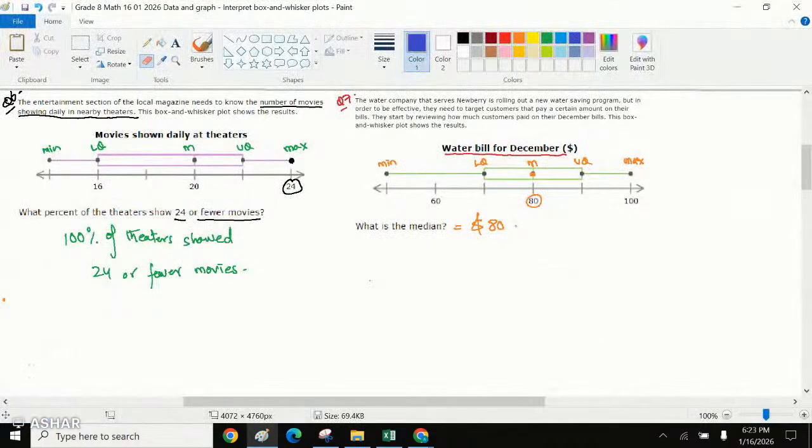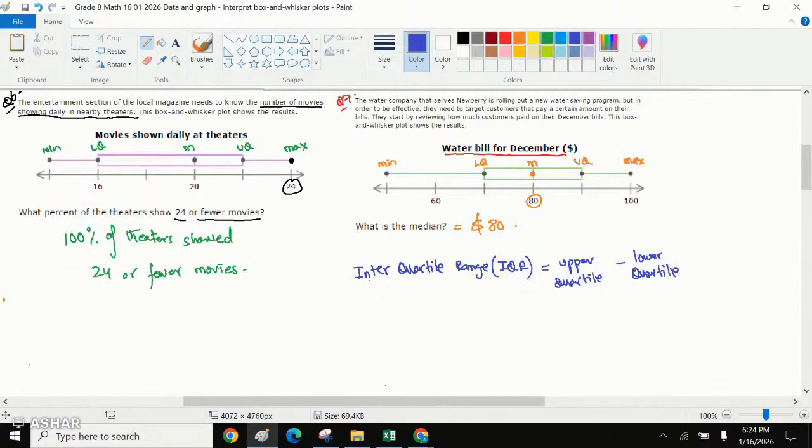There is one more thing that is known as interquartile range. Interquartile range defines the middle 50%. Where does the middle 50% of the values lie? And how to find interquartile range? That is upper quartile minus the lower quartile.